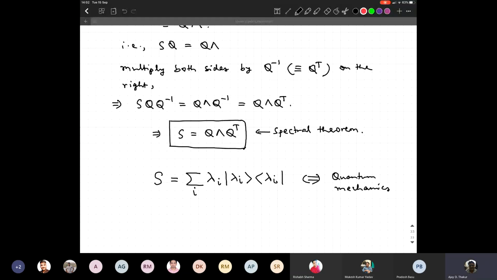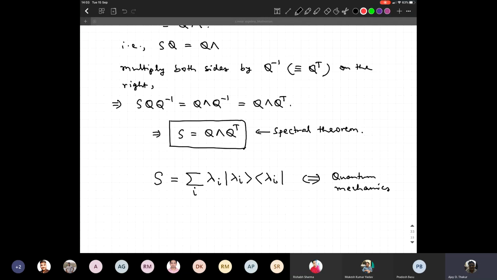So this essentially gives us the operator. If you apply this operator on an eigenket, say lambda 2, you get lambda 2 multiplied by the inner product of lambda i with lambda 2. Only for i not equal to j these numbers are going to be 0, and for i equals j, lambda i dotted with itself is going to be 1.